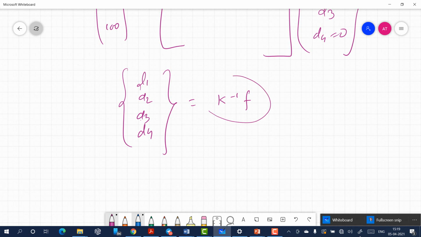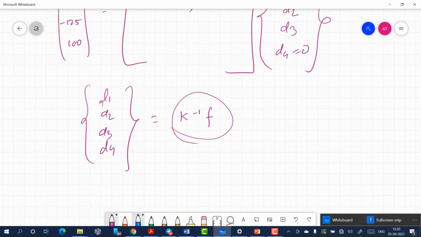And this demands that K has to be invertible. So K must have an inverse. If it is a singular matrix, then you don't have a solution here. And that will cause non-convergence, that will cause an error in your finite element analysis.